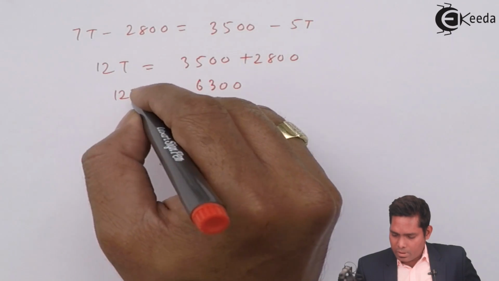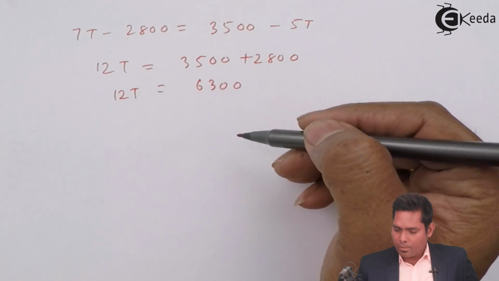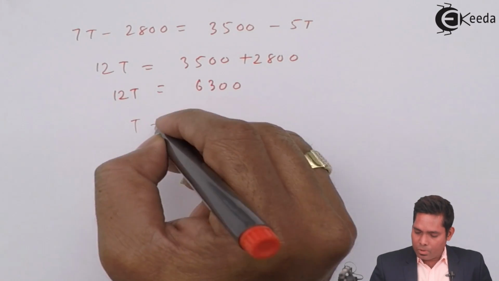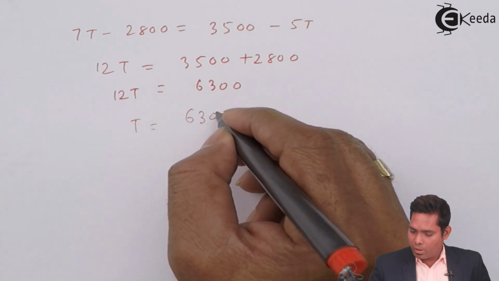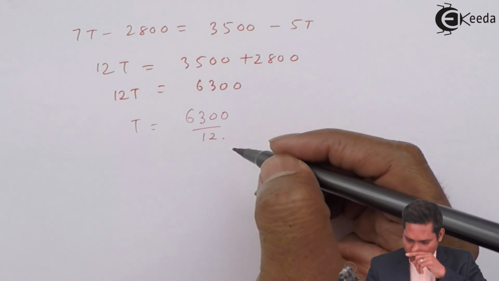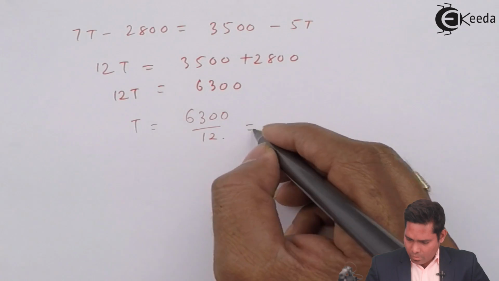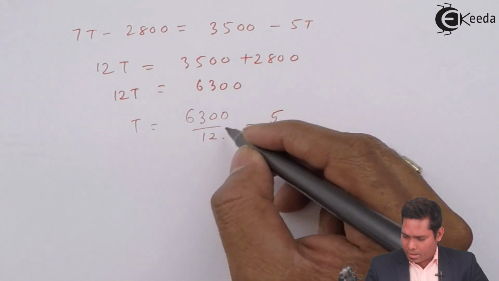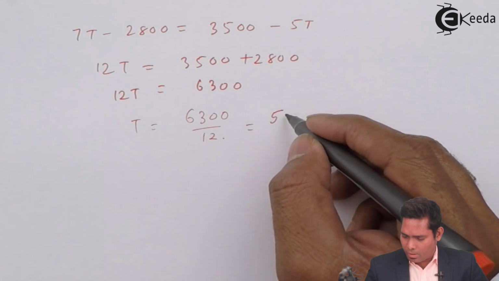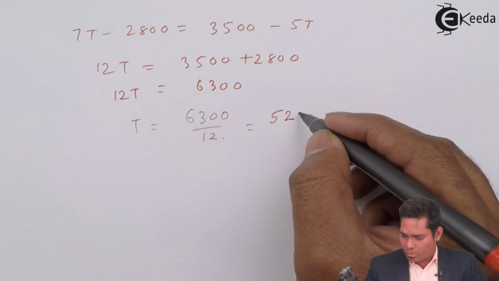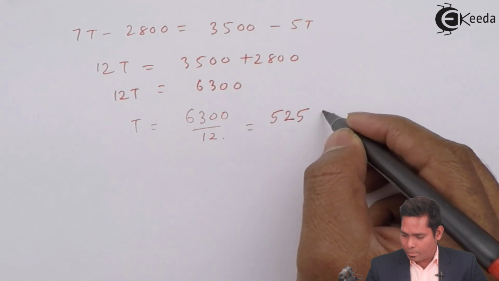Now T becomes 6300 divided by 12, and if I solve that, I get 525.